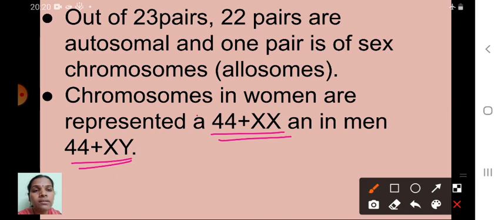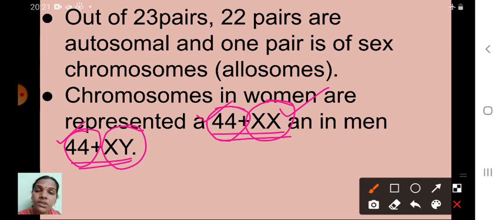So here, 44 and 44 means 22 pairs, that is autosomes. And this is XX, and here in men XY. So allosomes are the sex chromosomes. Okay children, so in women the chromosomes are 44 plus XX, in men 44 plus XY. Understood children? Shall we go to the next now?